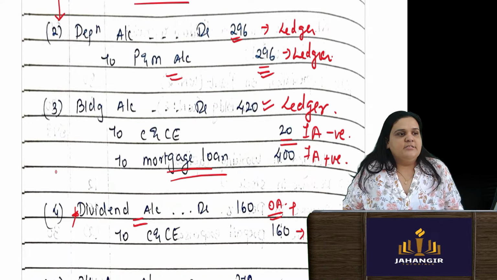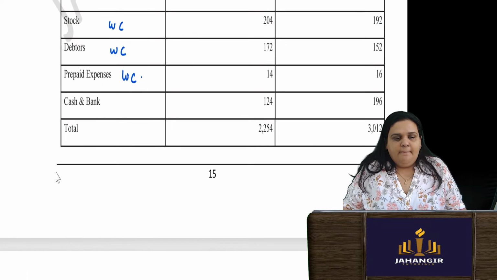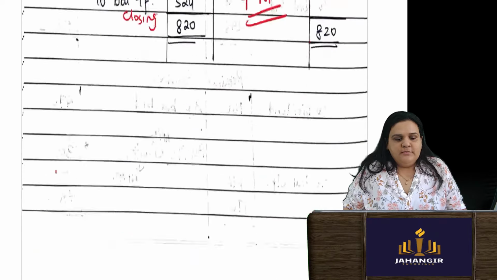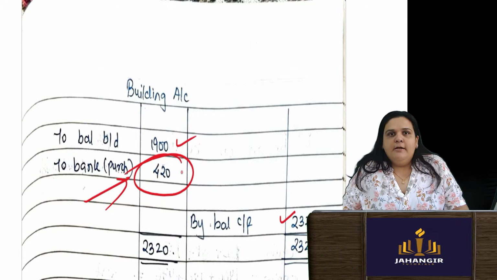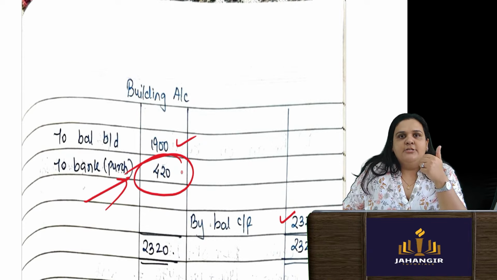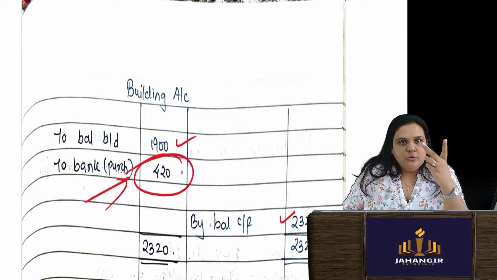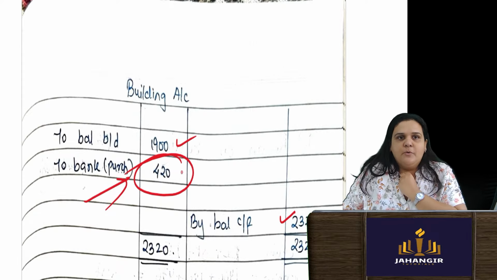Cash and cash equivalent and mortgage loan, I have bought for 420. It is coming as 420. For that 420, I paid some amount in cash, and I also have taken a mortgage loan. So there are two effects. For 20 lakhs, my money is going to go out, and for 400 lakhs, my money is going to come in.